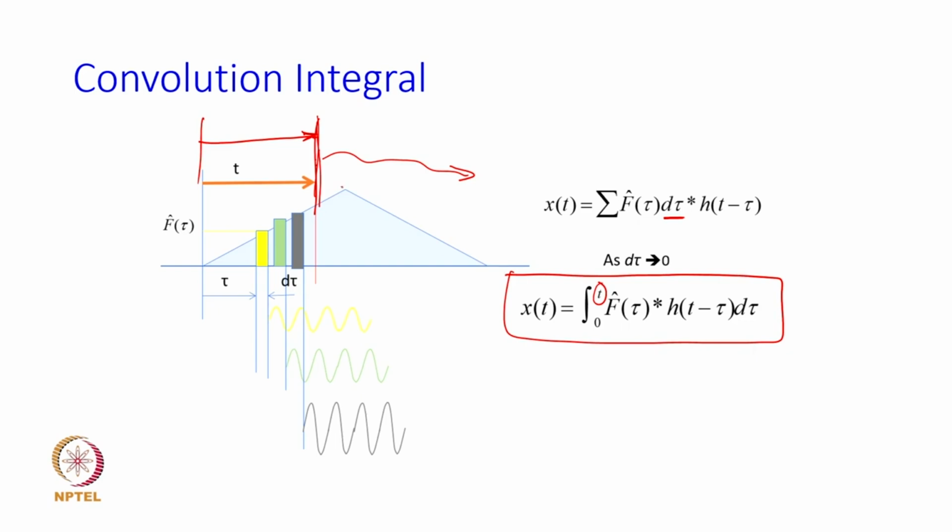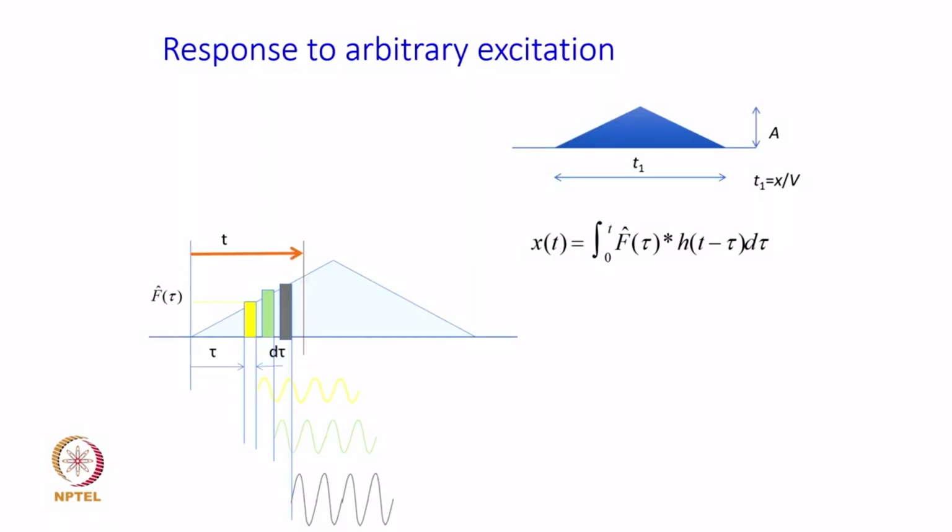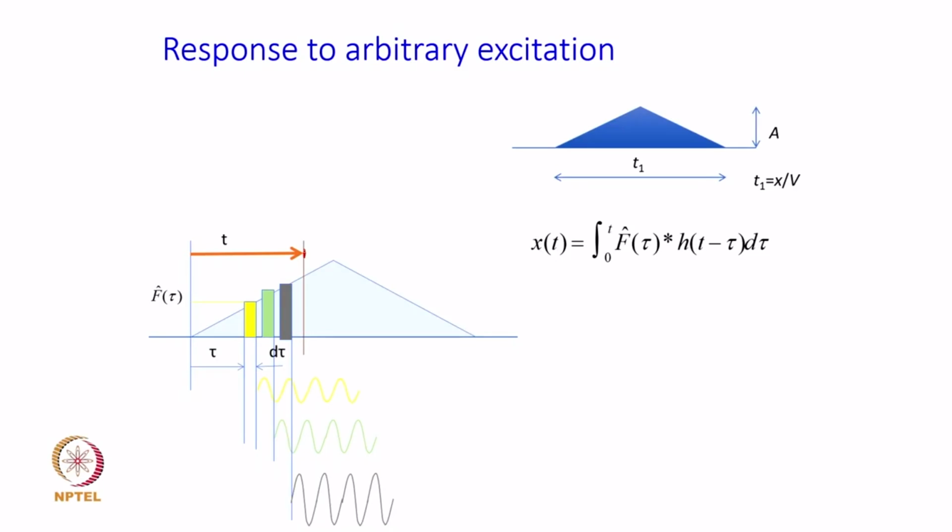Here, just for the sake of illustration, I have shown a triangle, but you can imagine that it can change to any arbitrary excitation. Now, we know from our discussion that if I want to find the response at any time t, it will be contributed by individual impulses happening one after the other, and the response due to each of these impulses simply gets added, assuming linearity, or the system being linear.